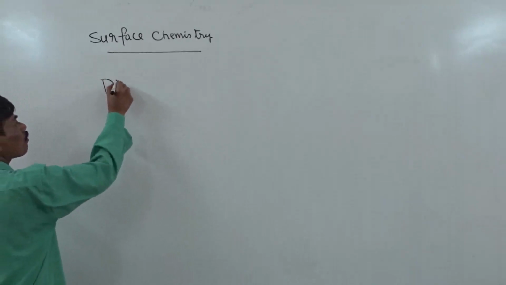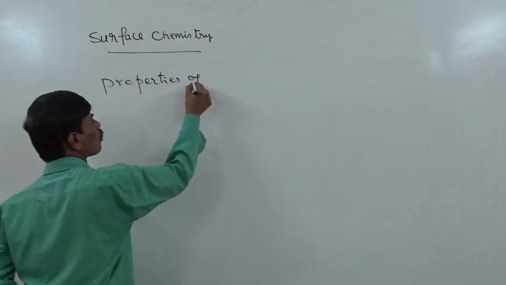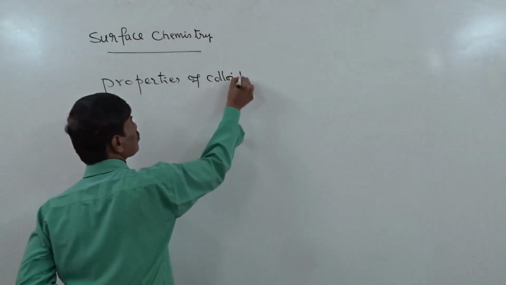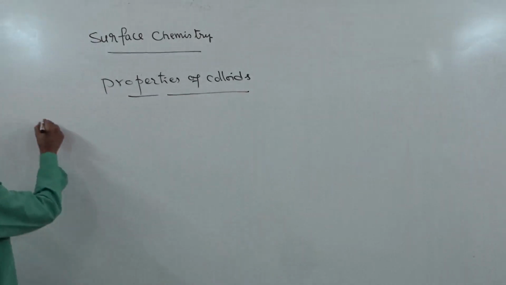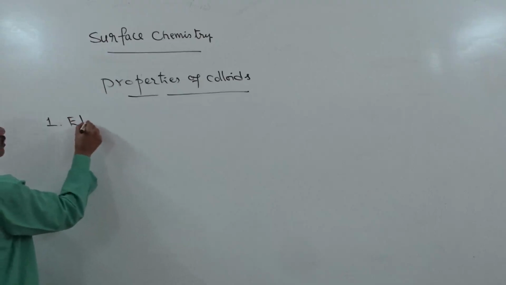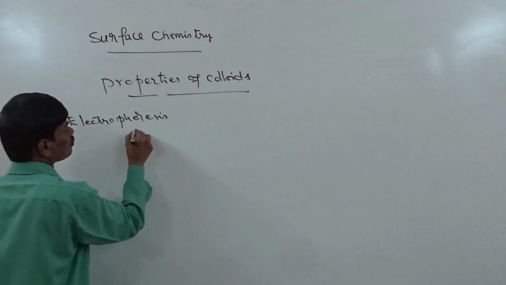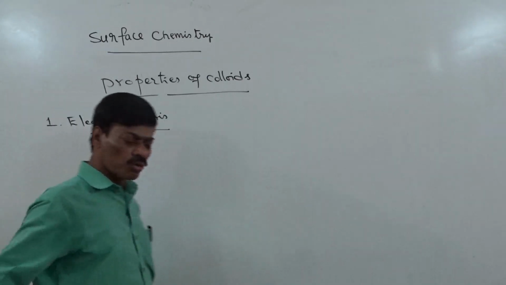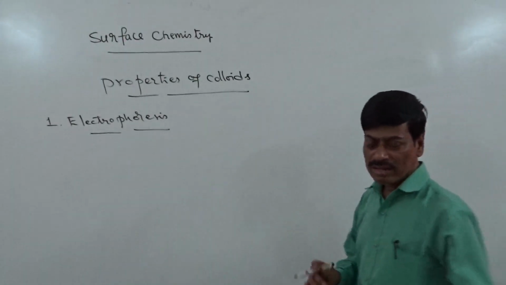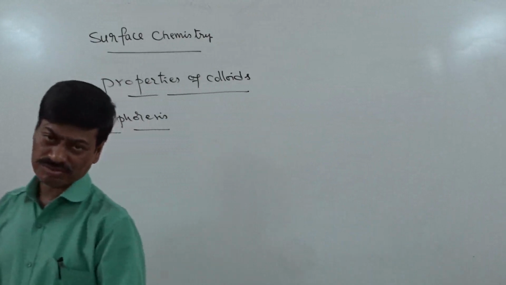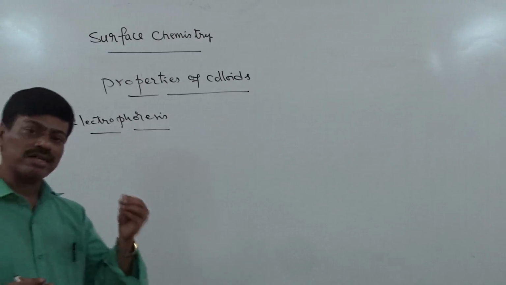So under properties of colloids, we have number 1, electrophoresis. Once again children, electro refers to charge, phoresis refers to movement. Means in a colloidal solution we can separate the particles with a particular charge.